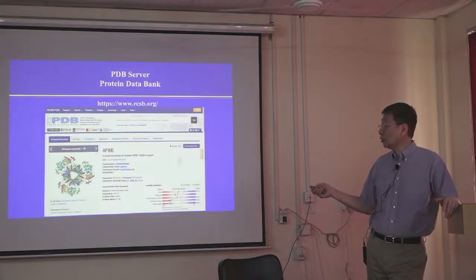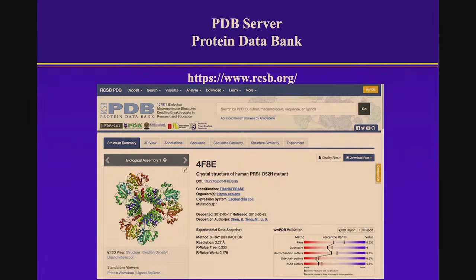Then the structure will be somewhere in the middle, or hopefully even better on this side. Hopefully that will improve the quality of the model. That's something I use once in a while, not very often, but I'll show you one example later today of how PDB Redo can be useful.